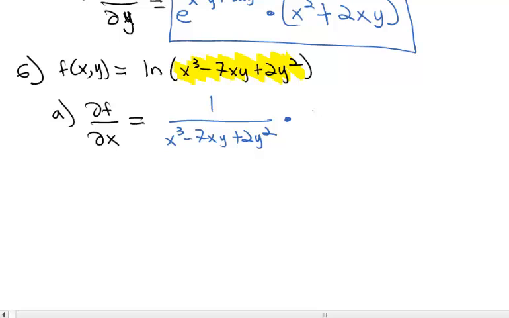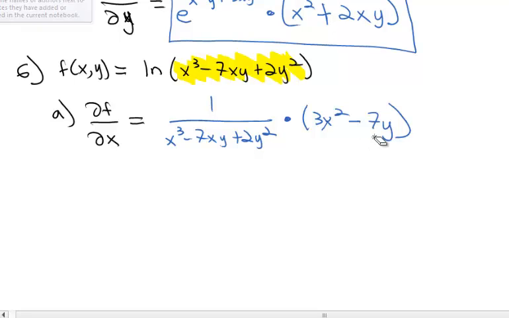So the derivative of x cubed, that's 3x squared, minus the derivative of 7xy is just 7y. But the 2y squared, there's no x there. That's just a number. The derivative of a number is 0, and so we stop here.